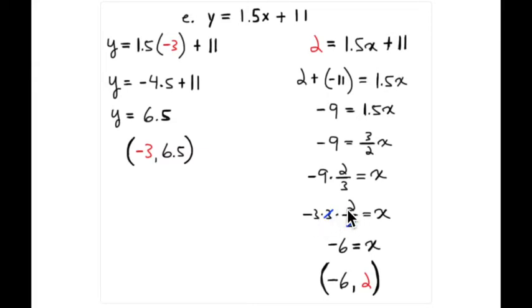The opposite of a positive 6 is a negative 6. So x equals negative 6. So the x-coordinate is negative 6. The y-coordinate is 2. And once again, this point is on the graph of this equation. It forms a line. This point's on that line. And also the x-coordinate and the y-coordinate is a solution to this equation. It will make this equation true.